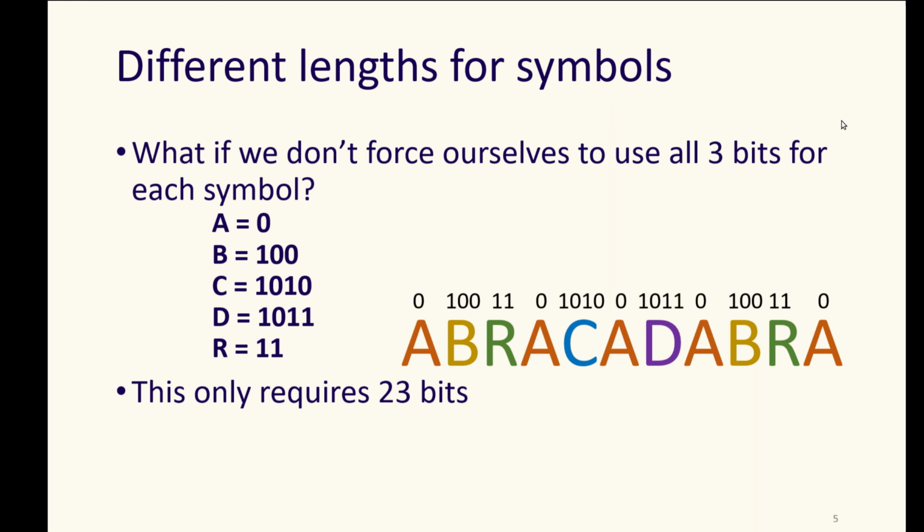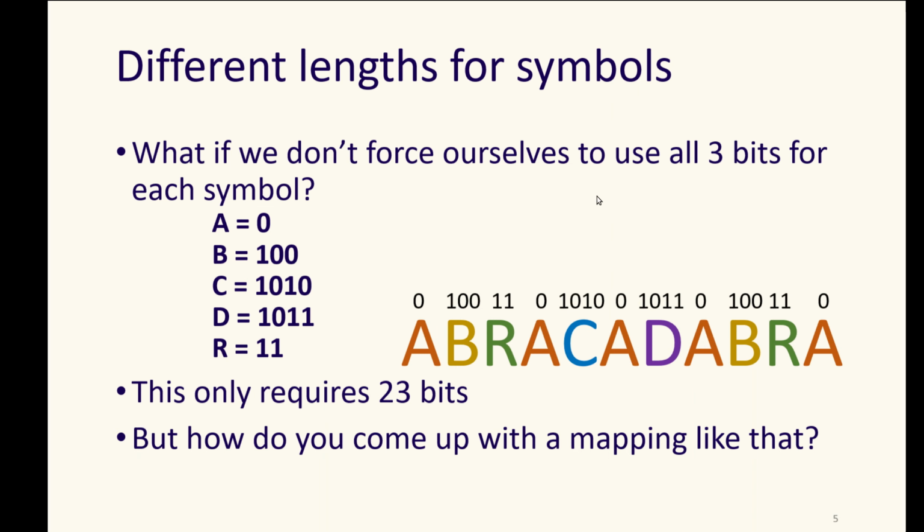This, for example, when we limit to this encoding shown here, only requires us to use 23 bits to transmit that information. But we would have to actually have a scheme for coming up with the mapping that would allow us to use that reduced space.